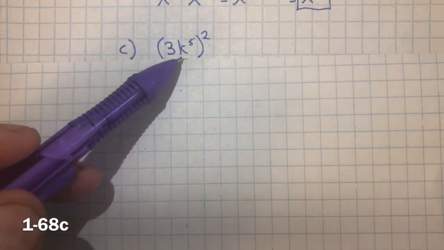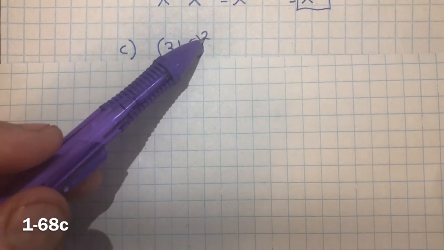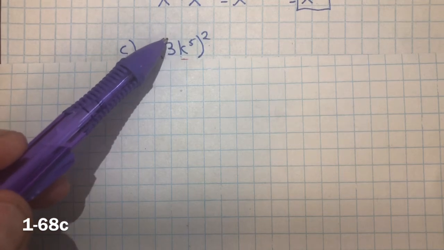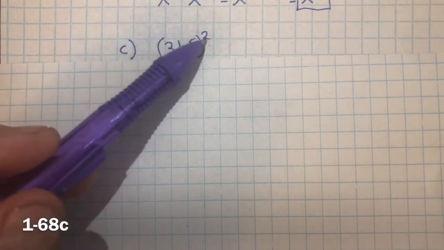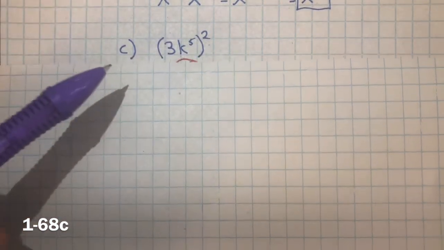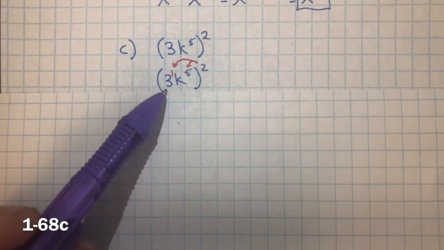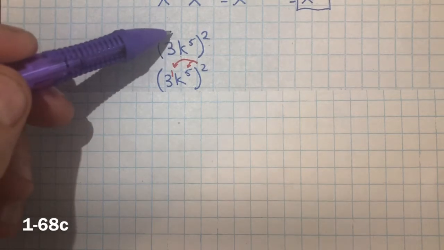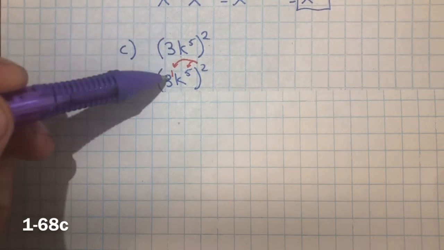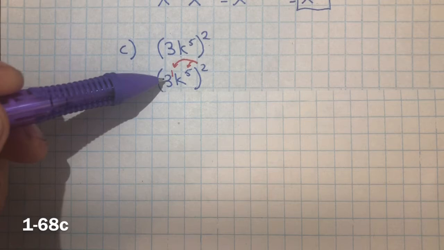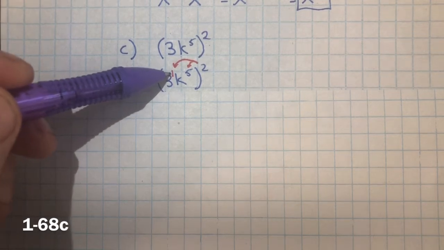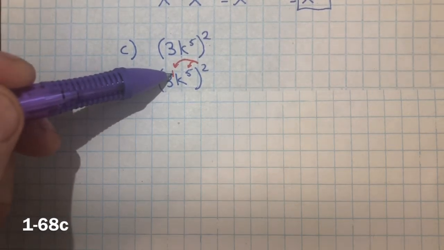But you have to distribute that to all of the terms within the grouping symbols or parentheses. So here we have 3, and if there's no exponent there, you can put a placeholder of 1, because 3 to the 1st power is just 3.